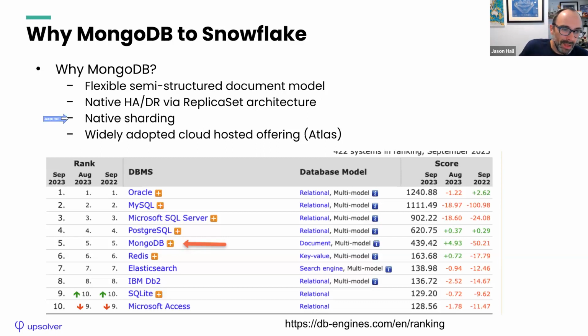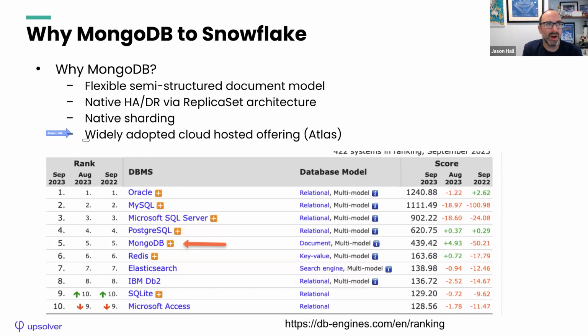And then lastly, I think MongoDB was one of the database platforms to, I don't want to say it was the first or maybe even the earliest, but it was certainly one of the more successful databases to get very wide adoption of its cloud-hosted architecture, specifically Atlas.